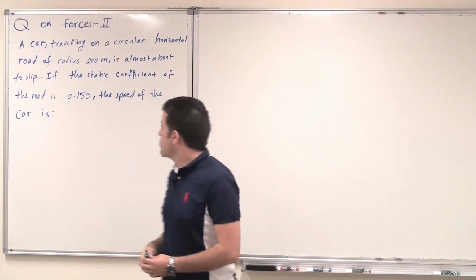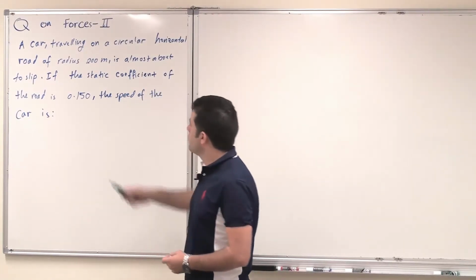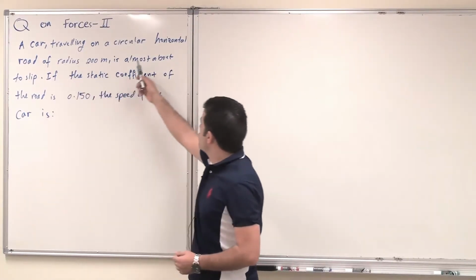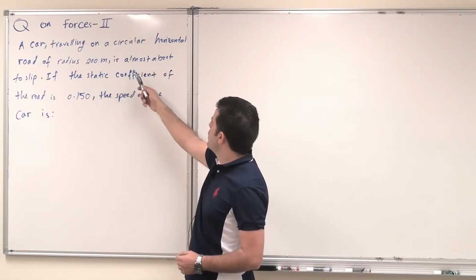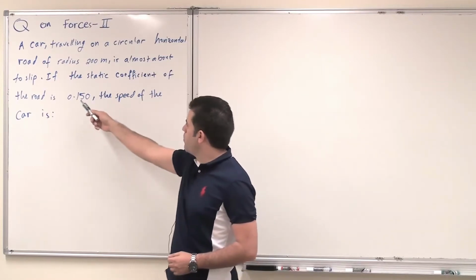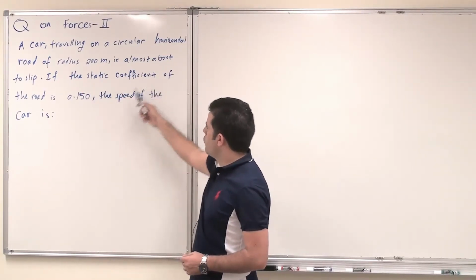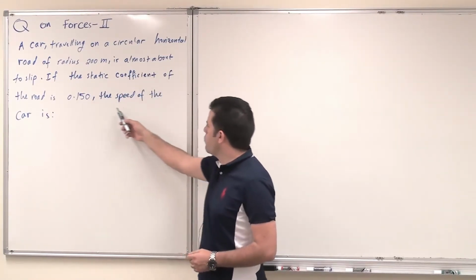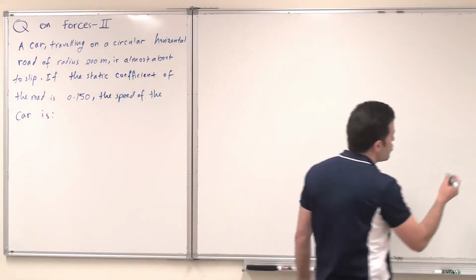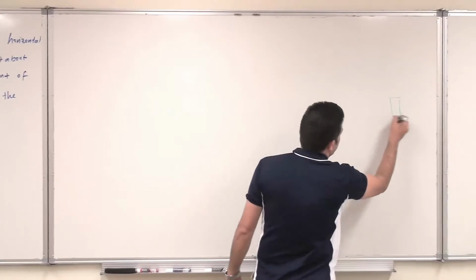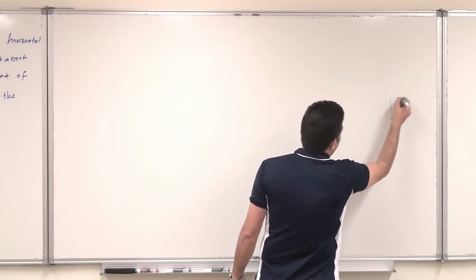Assalamu alaikum. This is a question on forces and motion. A car traveling on a circular horizontal road of radius 200 meters is almost about to slip. If the static coefficient of the road is 0.15, the speed of the car is? So a top view of the question will be a car traveling.